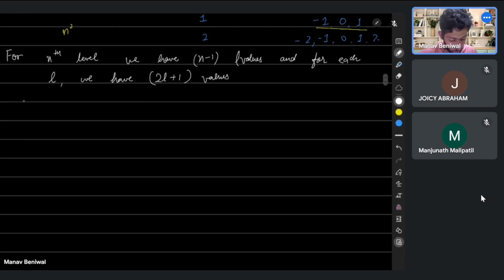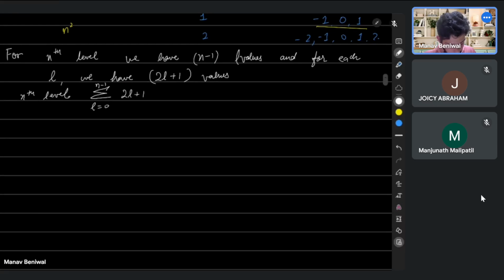So for nth level, the total states that we will have will be the sum over L going from 0 to n minus 1 of 2L plus 1. When L is 0, this becomes 1.